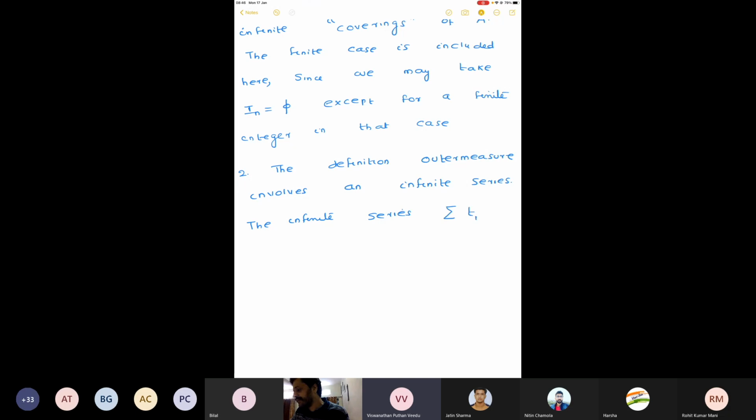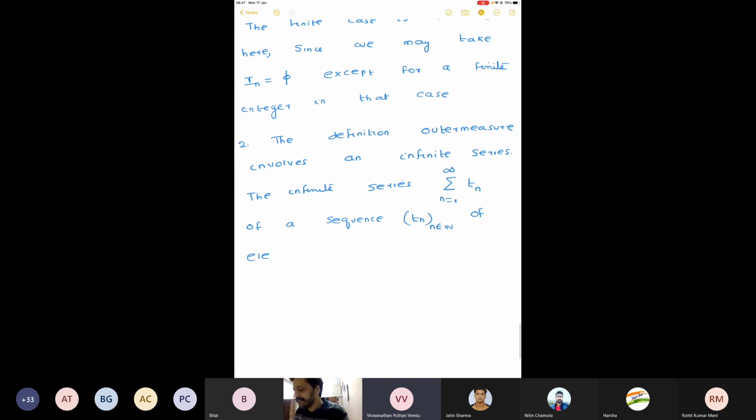Summation of T_n, n equal to 1 to infinity, of a sequence T_n, where the T_n's are elements in [0, infinity], infinity included.